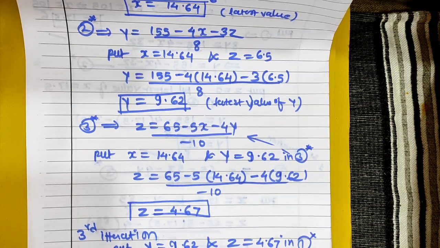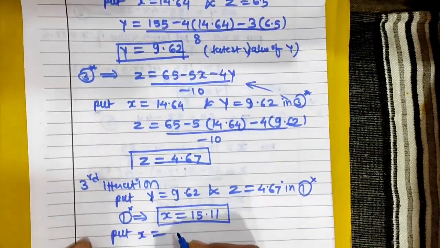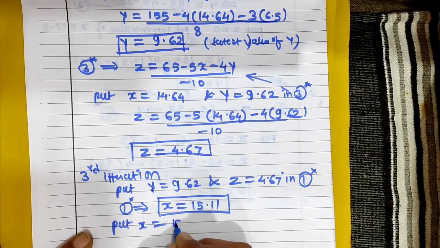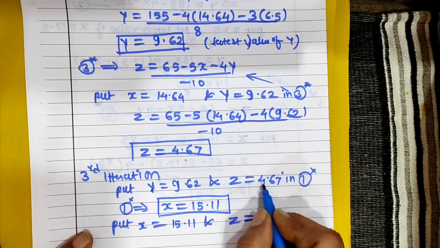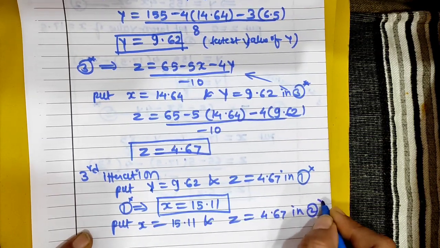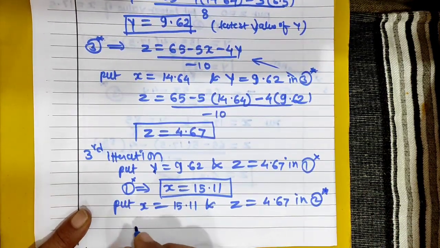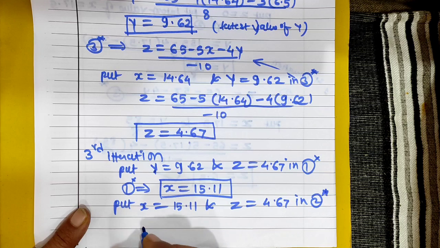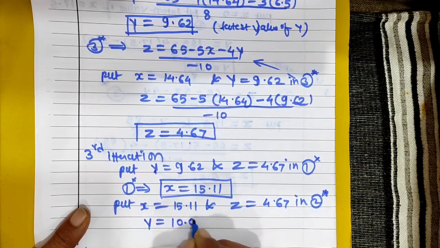Now for getting the value of y, we use the latest values: put x equal to 15.11 and z equal to 4.67 in equation 2 star. After calculation we get y equal to 10.06.